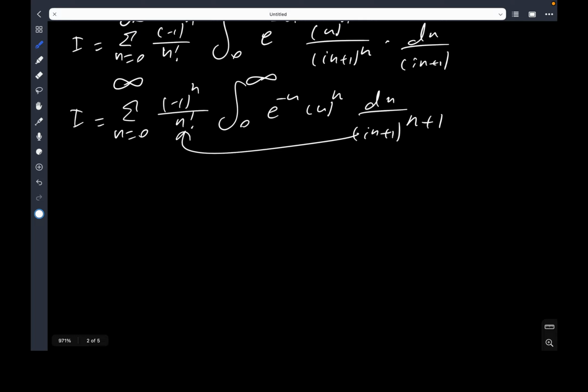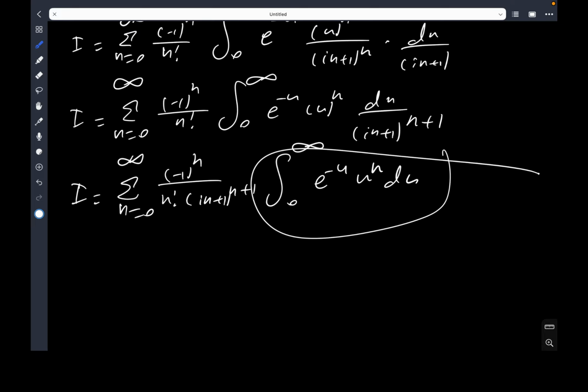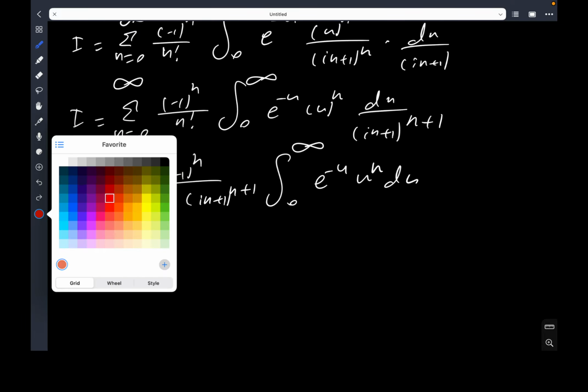I can move this one out. And I is going to be the infinite sum from 0 to infinity of negative 1 to the n over n factorial times (n plus 1) to the n plus 1, the integral from 0 to infinity of e to the negative u, u to the n du. And this integral here actually is equal to n factorial.